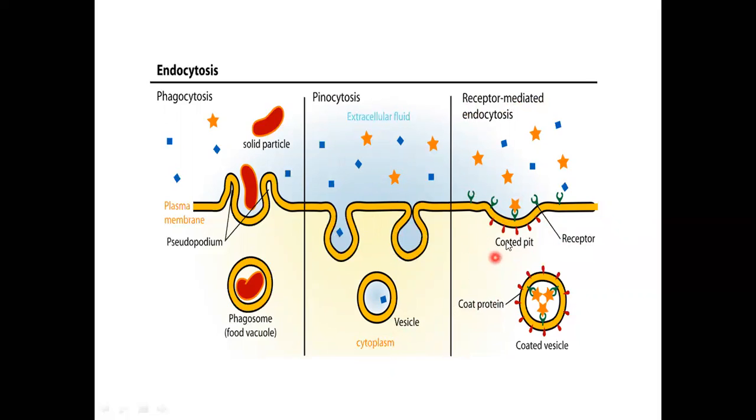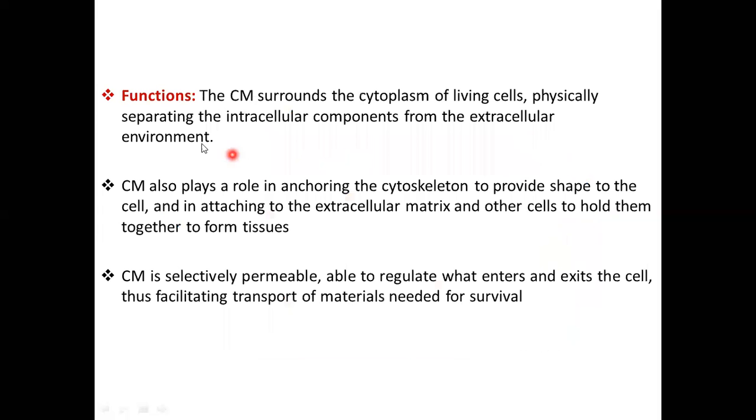When a virus, protein or hormone comes and binds to the receptor, the cell invaginates and captures those hormones, viruses, and forms a vesicle. So these are the different types of active transport known as endocytosis.